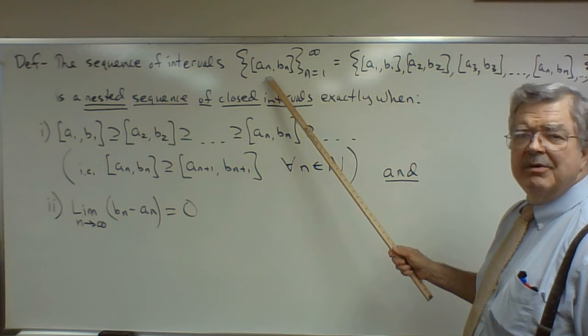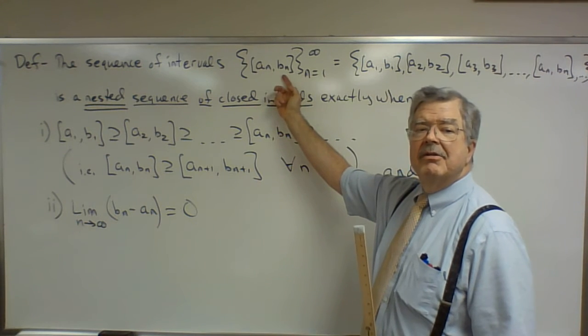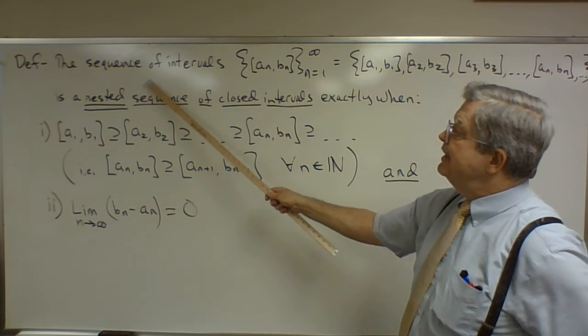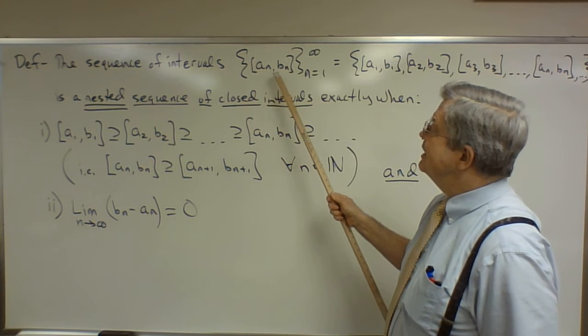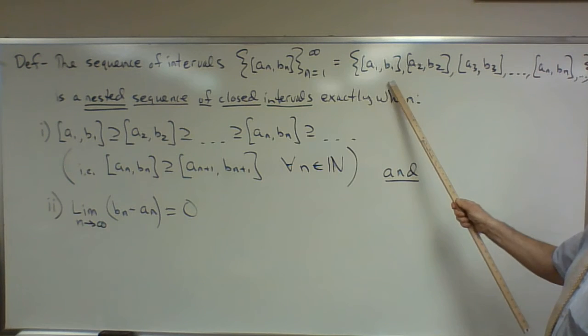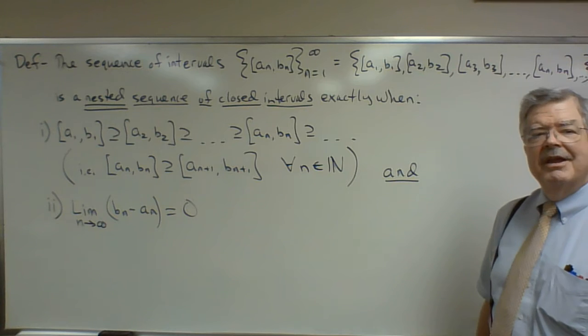So these are closed intervals. A sub n and b sub n, those endpoints are contained in each interval. So a sequence of closed intervals, with a sub n left endpoint, b sub n right endpoint, and here we list the intervals in roster form.